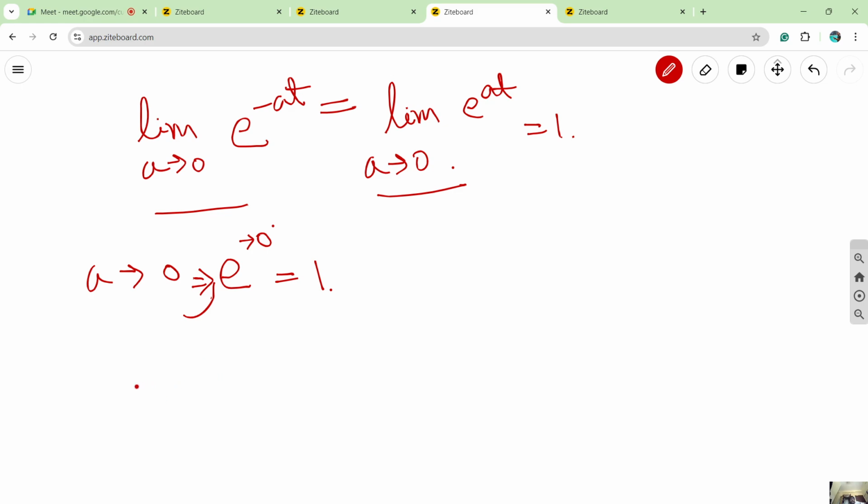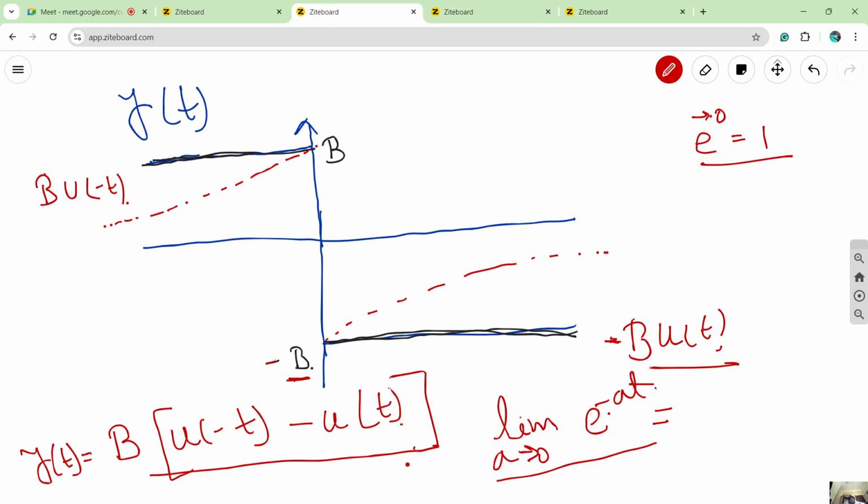So we can write this equation, because it is minus t, it is taking that value and ut is taking that value.